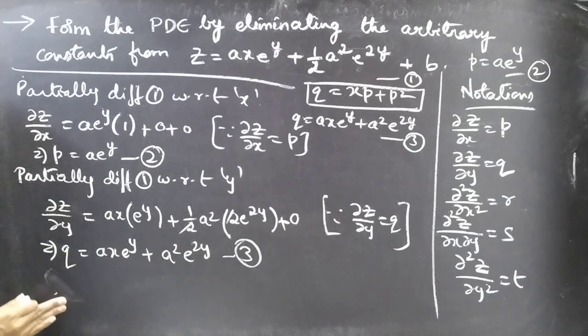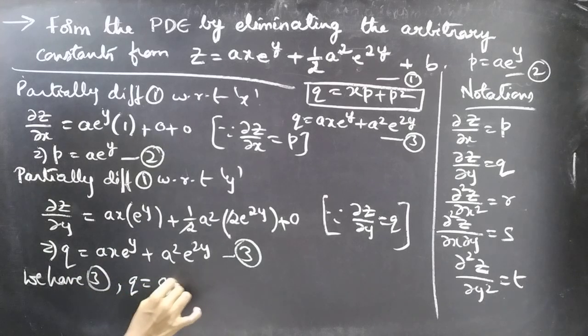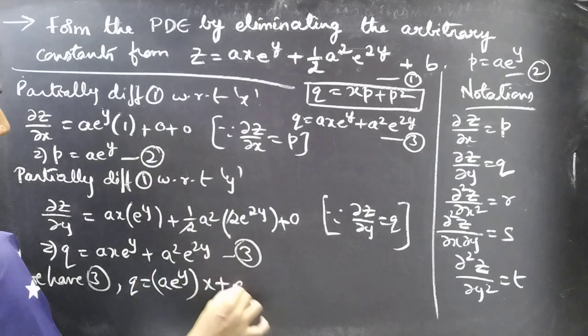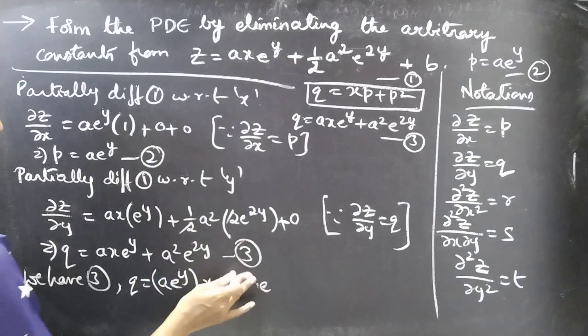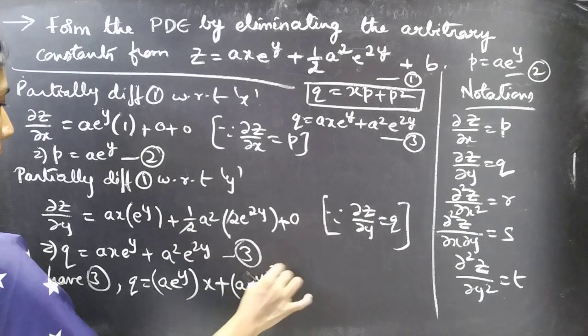Now we'll observe 1, 2 and 3. By observing 1, 2 and 3, we can say that by substituting 2 and 3, the arbitrary constants cannot be eliminated from 1. So what we'll do is we'll just observe 2 and 3, and we'll pick 3. We have 3, q equal to a e power y into x plus a square e power 2y, which can be written as a e power y whole square.